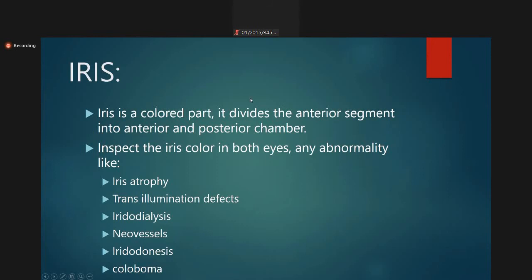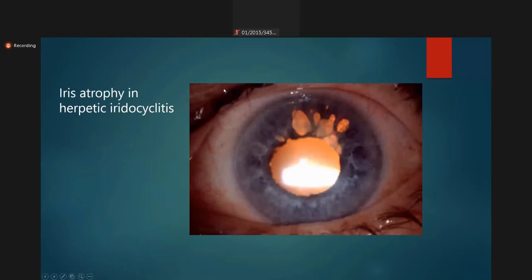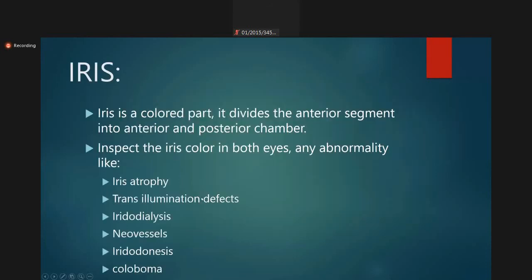I've told you, anterior to the iris is anterior chamber, posterior to the iris is posterior chamber. So you have to inspect the iris in both eyes. Any abnormality like iris atrophy, any transillumination defects, iridodialysis, new vessels. I will show you the figure of these conditions.